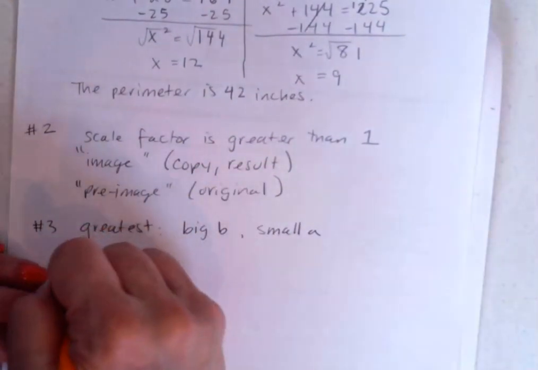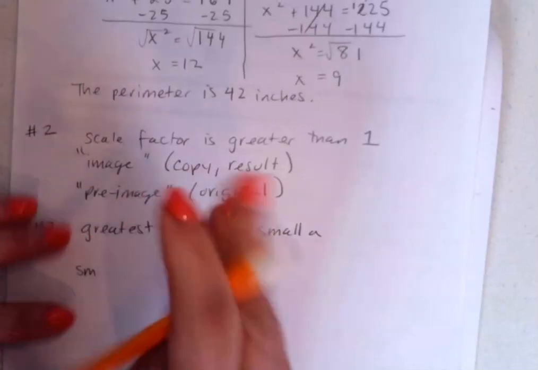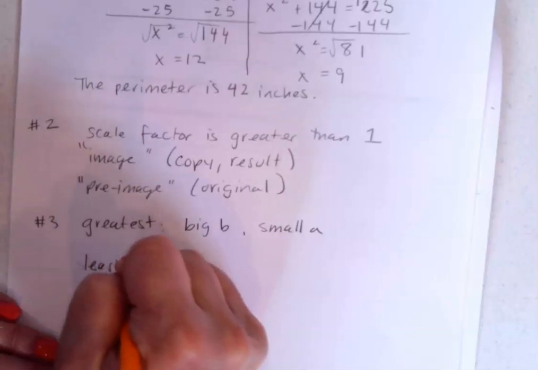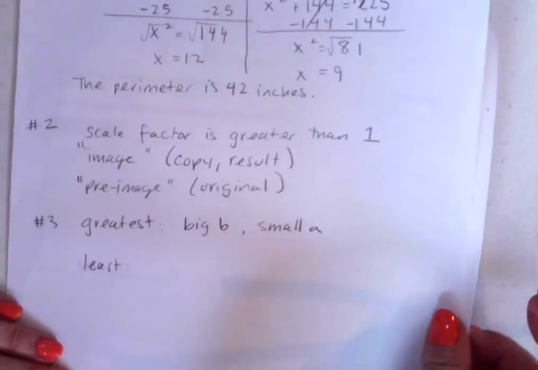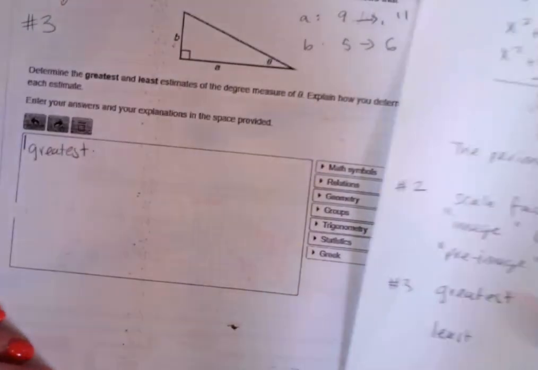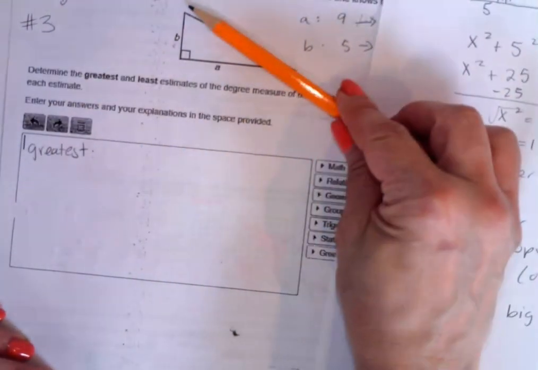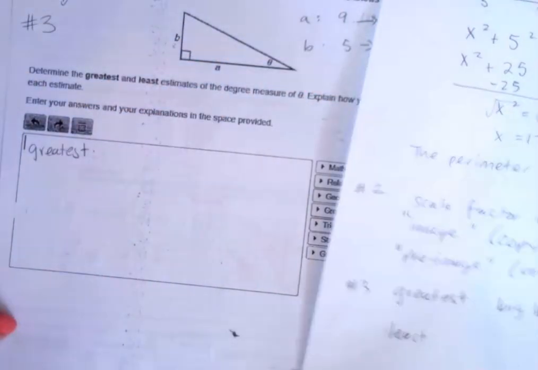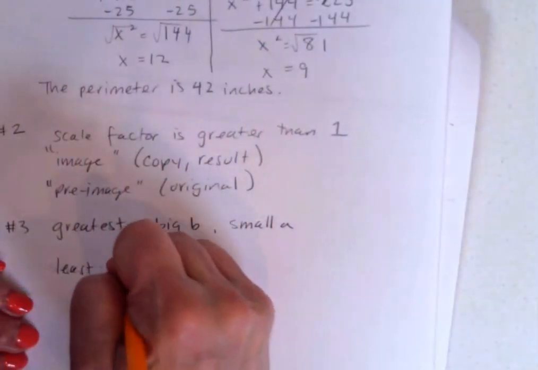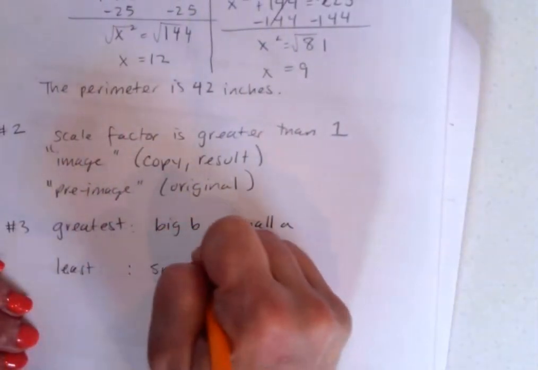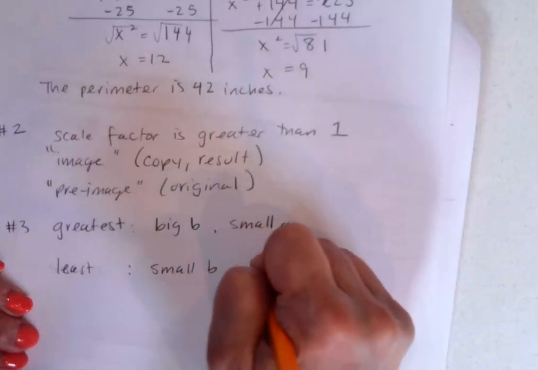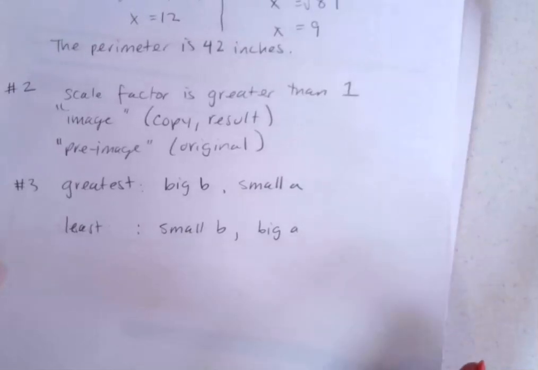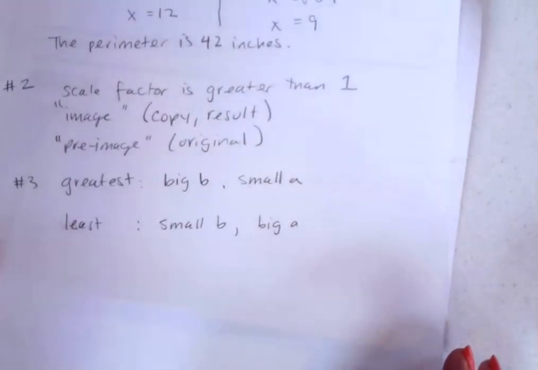And if I want the smallest or the least, it's going to be the opposite, right? As this gets smaller and smaller, the B is smaller and the A is larger. So we're going to put small b, big A. I'm almost out of time with this video, so I'm going to talk a little faster.